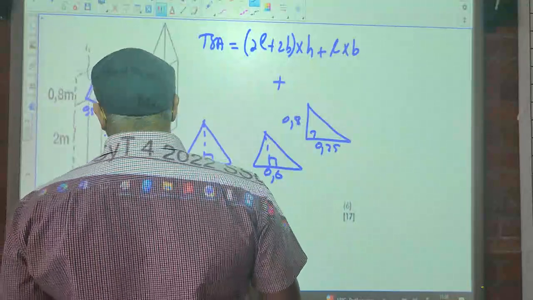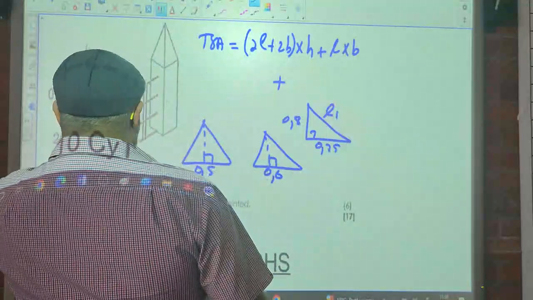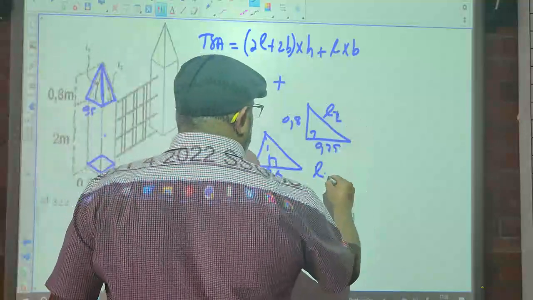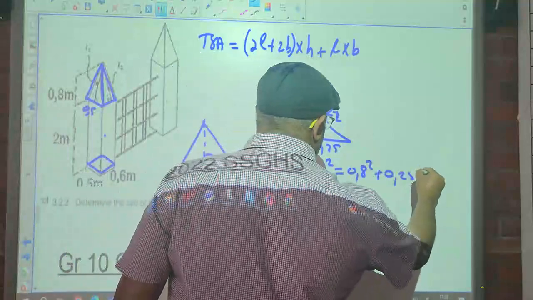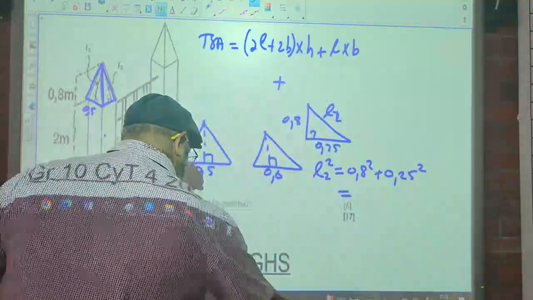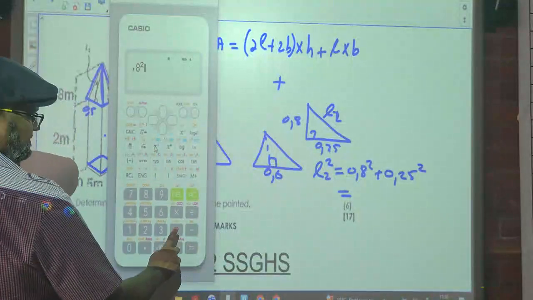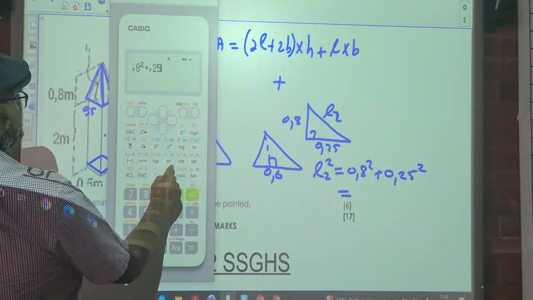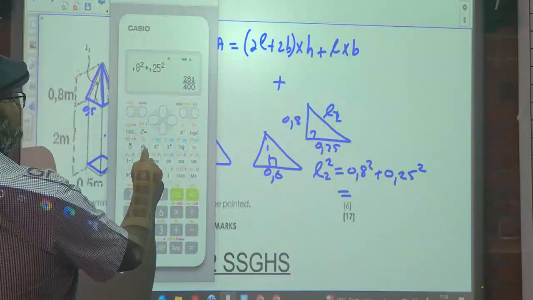Right. So L1 and L2, you just see this L1 and L2. It's actually L2. So L2 squared is equal to 0.8 squared plus 0.25 squared. Okay? So 0.8 squared plus 0.25 squared, the square root thereof.